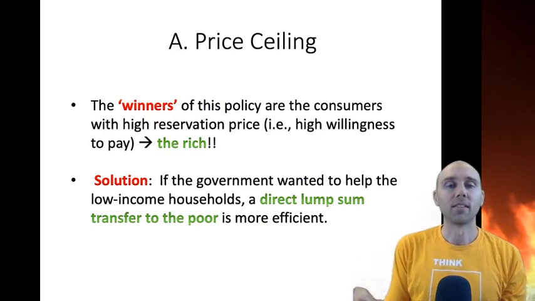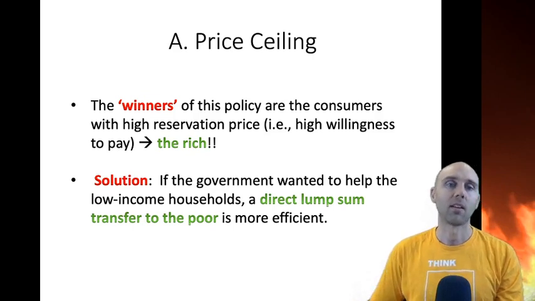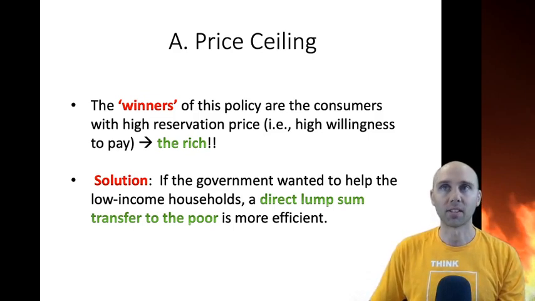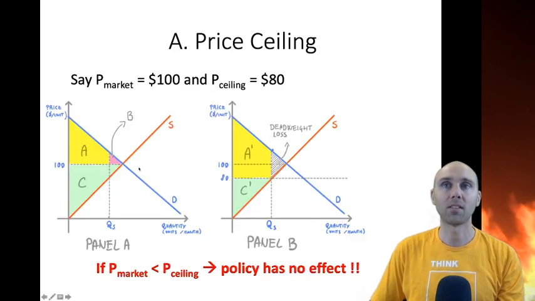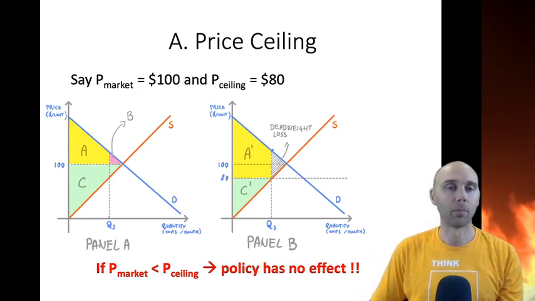So who are the winners of this policy? Well, those are the consumers with a high reservation price, those that have a high willingness to pay. If you remember the previous graph, when we think about our demand curve, when we had five buyers in a market, for example, we had buyer 1 over here representing his willingness to pay.